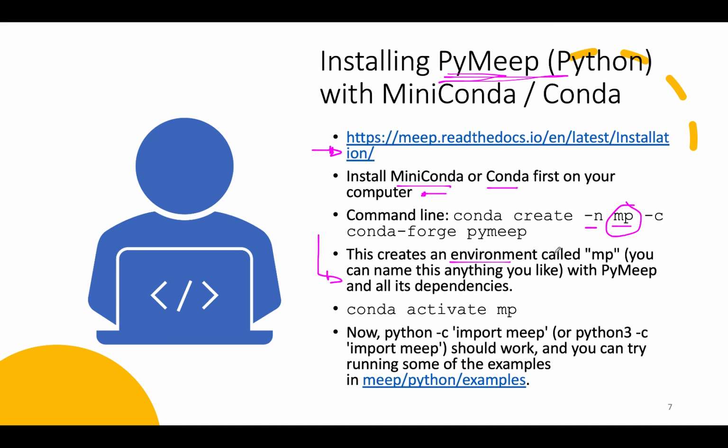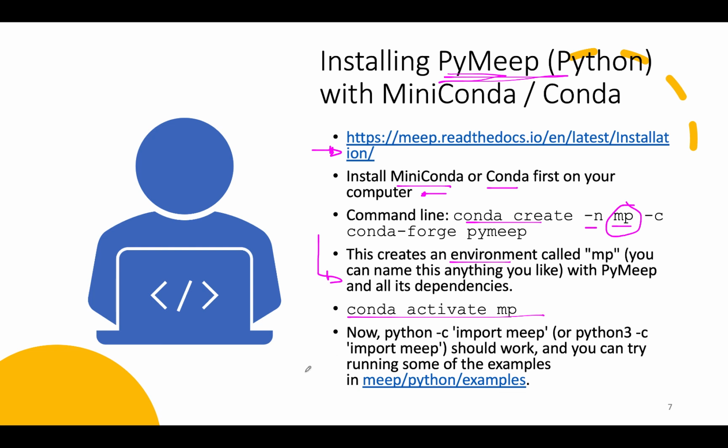For instance, PyMeep requires the installation of other software, and this software will be installed together by Conda. Once we run conda create, we just need to activate our environment using conda activate mp.